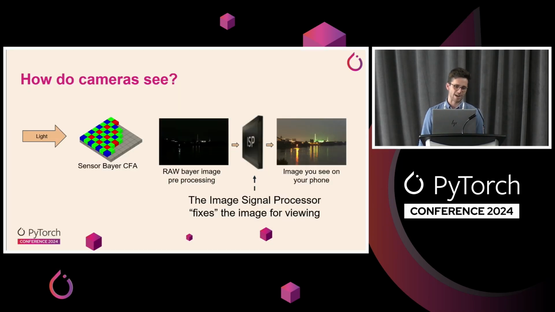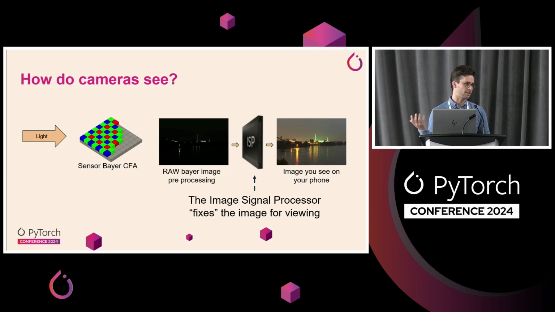So how do cameras see generally, right? Light comes into the lens, and you've got this color filter array on top of the sensor. The sensor is taking all these photons, integrating them, and then converting that to electrons. Each pixel in the image only sees one specific wavelength of light. I don't know if you ever knew this. It's called the Bayer pattern.